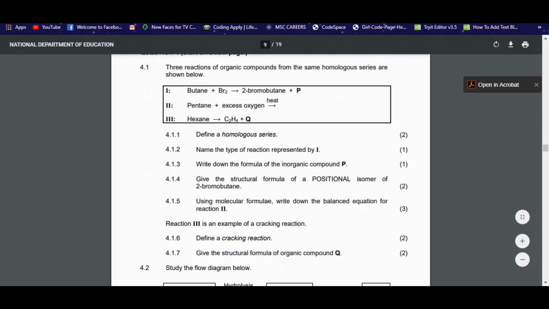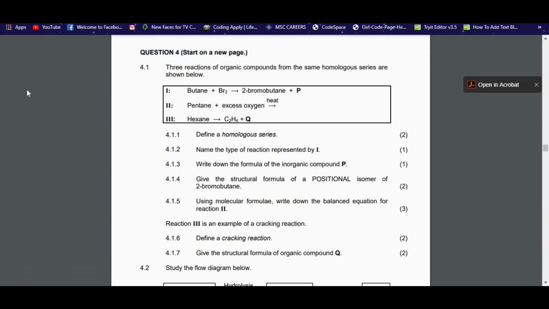Alright, 4.1.2. Name the type of reaction that is represented by number 1. The first one, we have butane plus bromine, Br2, which gives us 2-bromobutane plus P. Quite a unique reaction happening here. We just want to know the type of reaction.